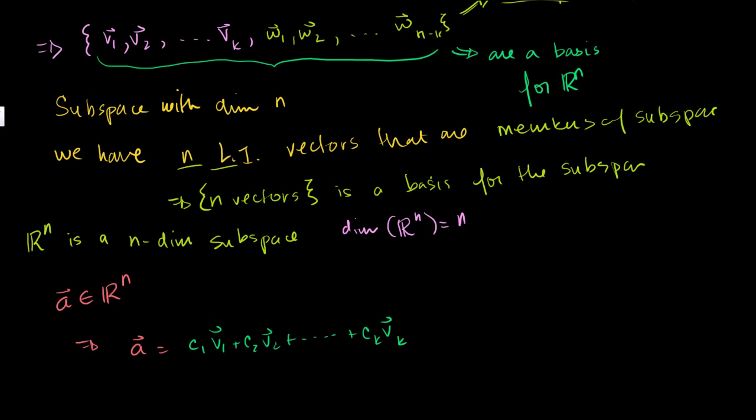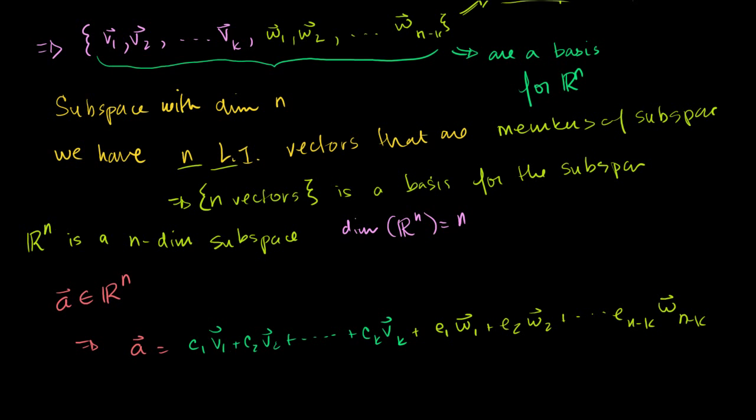And then let me use a different letter just to make sure that you understand that this is a different equation than I wrote earlier in the video. So I could have some other constants. Let's say plus e1 times our v perp basis vector 1 plus e2 times this guy plus all the way to en minus k times the n minus k basis vector for v perp. I can represent any vector in Rn this way.